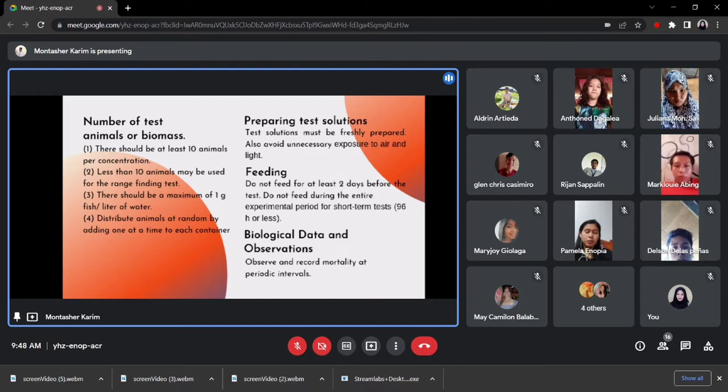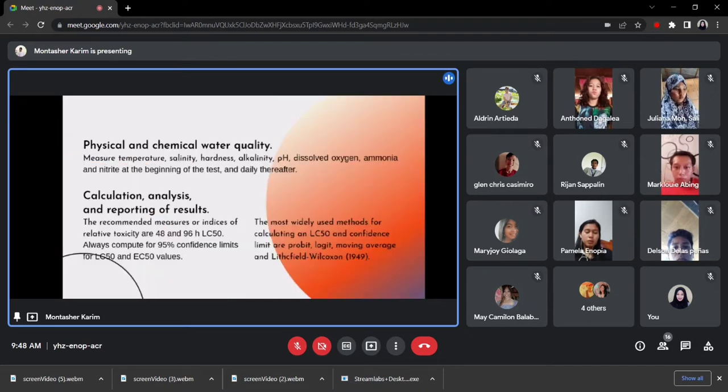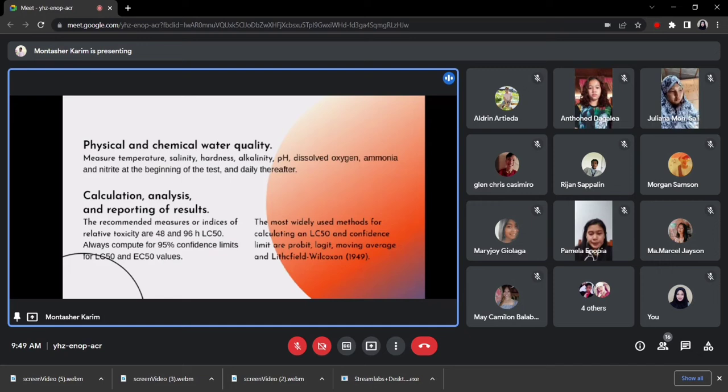Next, the biological data and observation. Observe and record mortality at periodic intervals. Next, the physical and chemical water quality. It measures temperature, salinity, hardness, alkalinity, pH, dissolved oxygen, ammonia, and nitrates at the beginning of the test and daily thereafter. And next is the calculation, analysis, and reporting of results.